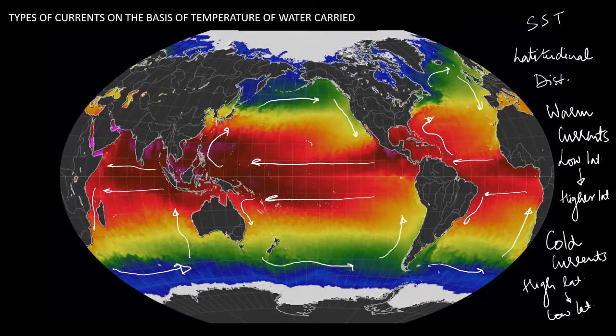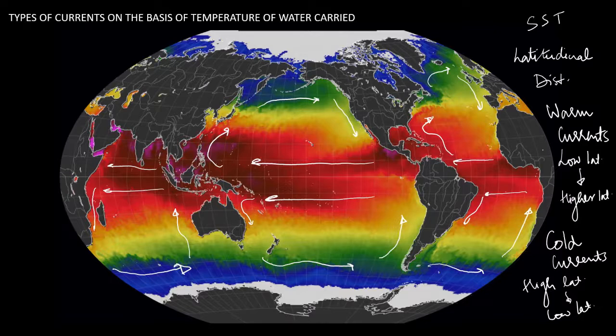So they may go from low latitude to high latitudes carrying the warm water, and they may come from high latitudes towards low latitudes carrying the cold waters. Okay, so I hope it is clear that the ocean currents have different abilities to carry waters of different temperatures, and that is why they are named accordingly.